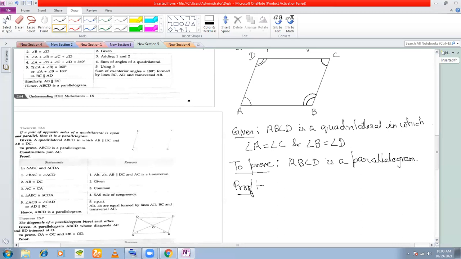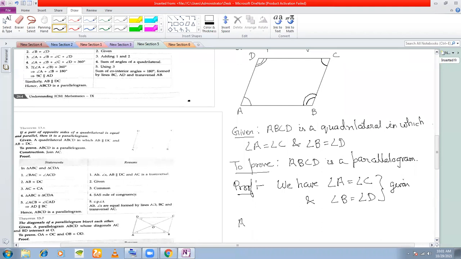Now, first, it is given to you that angle A is equal to angle C, and angle B is equal to angle D. These two are given to you, right?